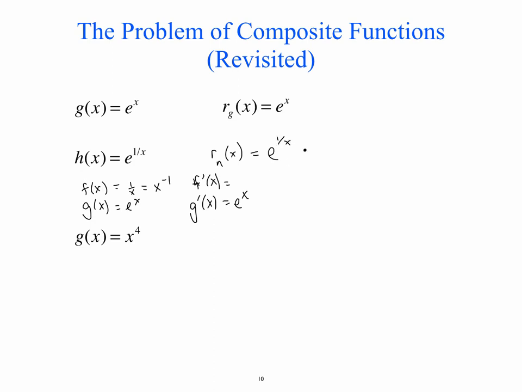But then I have to multiply by the rate of change of f with respect to x, which is what? Negative 1 times x to the negative 2. And so what you can do is type this into the graphing calculator as your guess function and see if it matches up with the true function that we know works from the definition.